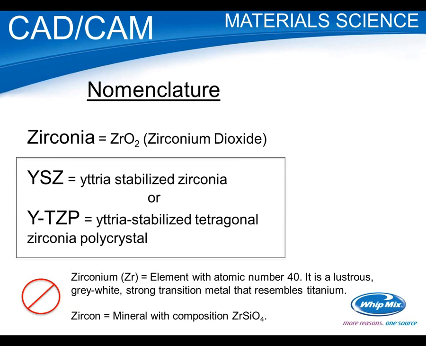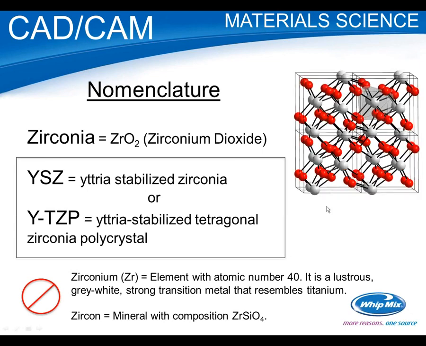And I want to hit on that, or we're going to expand on that further, because the magic is kind of based on this yttria stabilized tetragonal zirconia polycrystal, or polycrystal formation. And so zirconia is a ceramic. It's an ionic ceramic, and in its form, again, it's zirconia and oxygen, and it forms a crystalline lattice where, in this case, the zirconia is the red and the oxygen's the white.